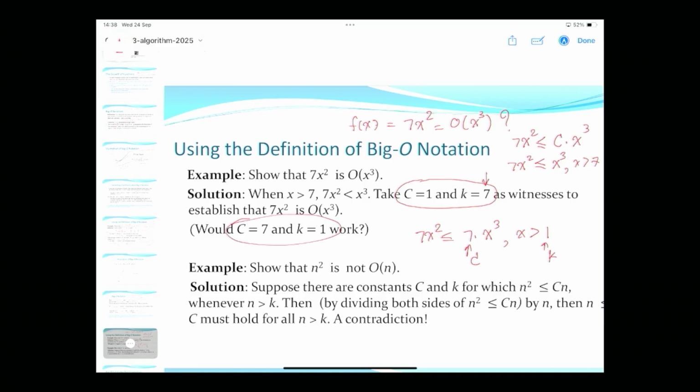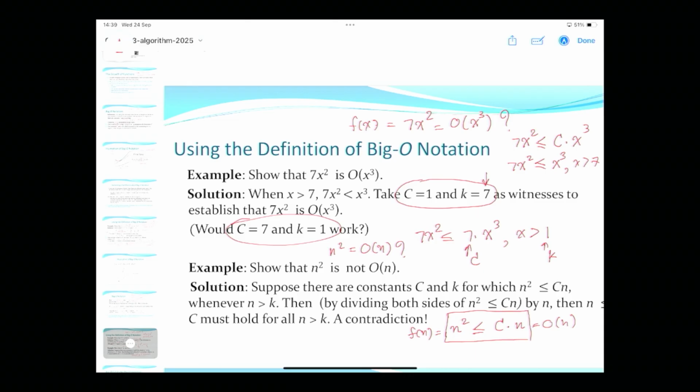So we see again that many values of c and k are possible, and g(x) can be x cubed here as well. What about the next example? Is n squared big O of n or not? Show it, according to the big O notation definition, right? f(n) less than or equal to a constant times n. Is there any constant c that would make this true always?